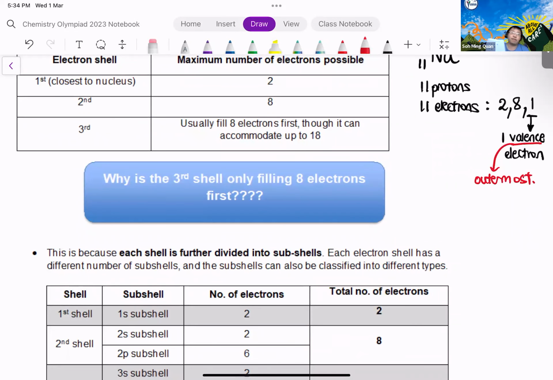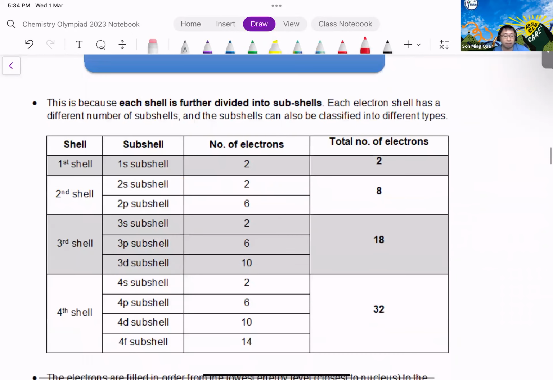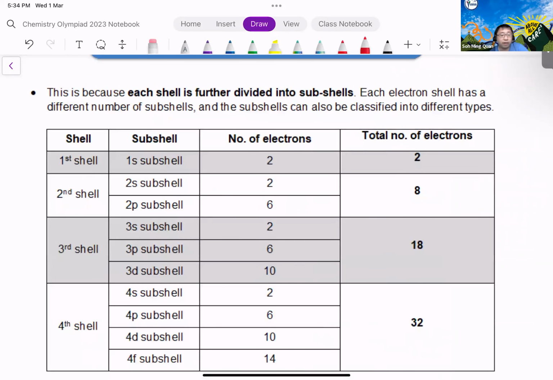Each shell is further divided into subshells, and each shell has a different number of subshells, which you'll see in this table here. The first electron shell, this is closest to nucleus. The first shell only has one subshell called the 1s. Why call it 1s?